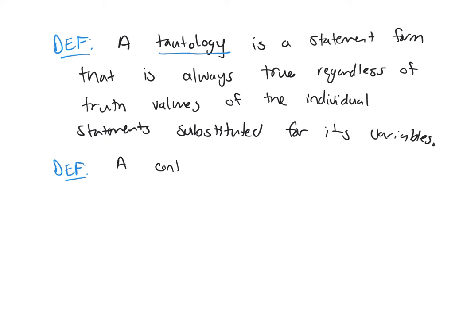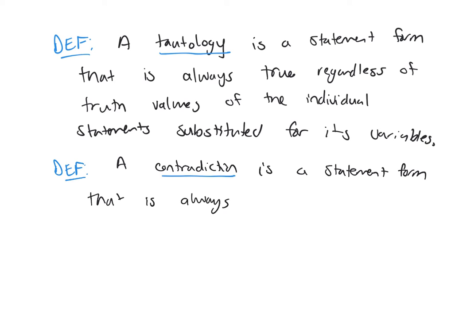A contradiction is a statement form that is always false, regardless of the truth values of the individual statements substituted for its variables.